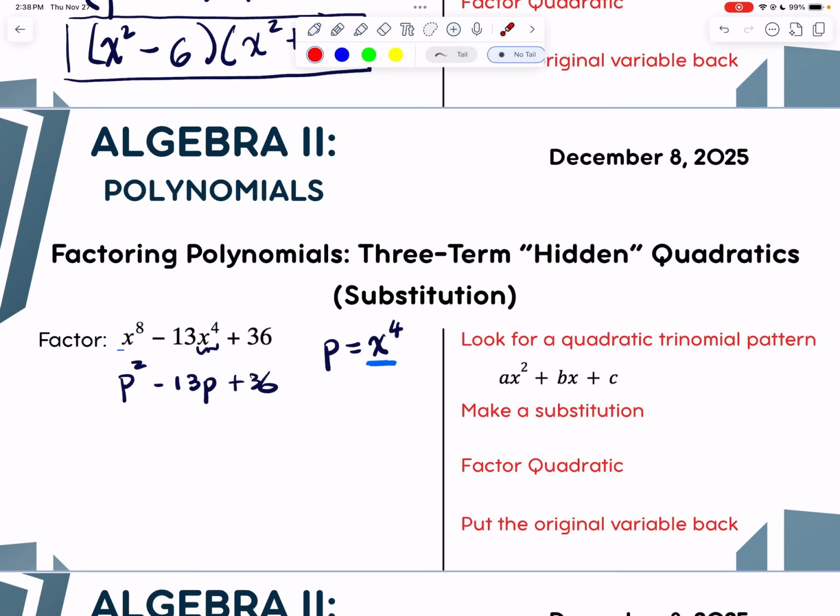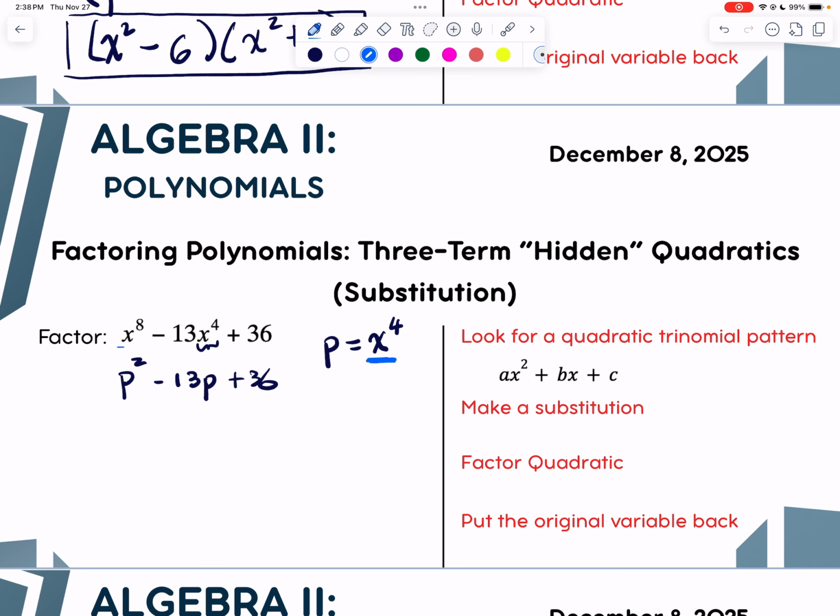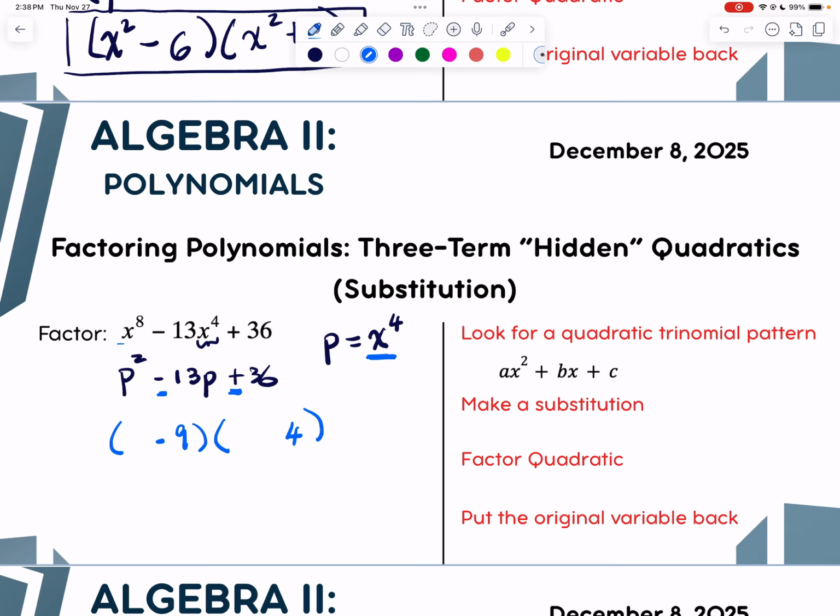So we are good to now factor that quadratic. We're looking for two numbers that multiply to give us 36 and add to give us negative 13. And so our two values there are 9 and 4. But because we want them to multiply to a positive number and add to negative 13, both of these numbers are negative, and we put our p's here.